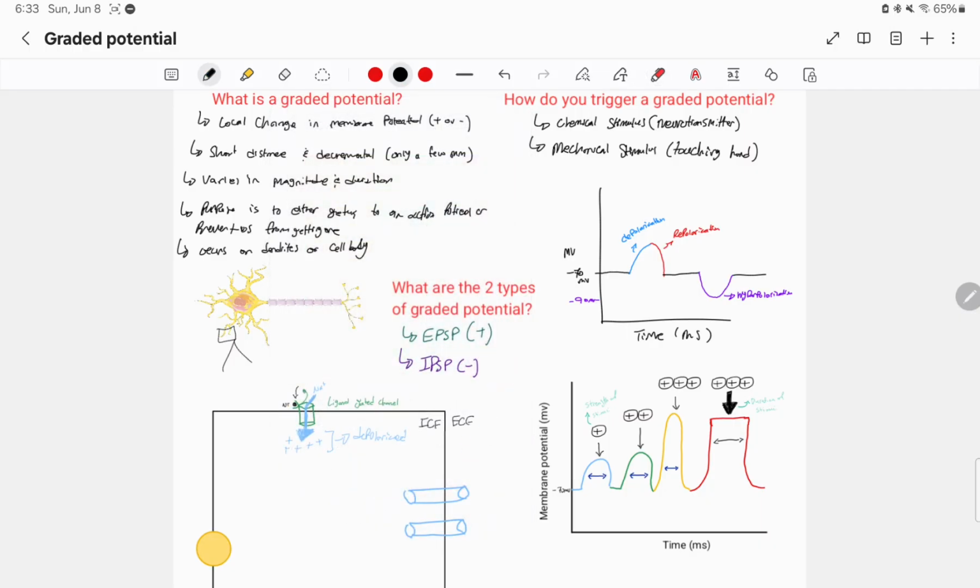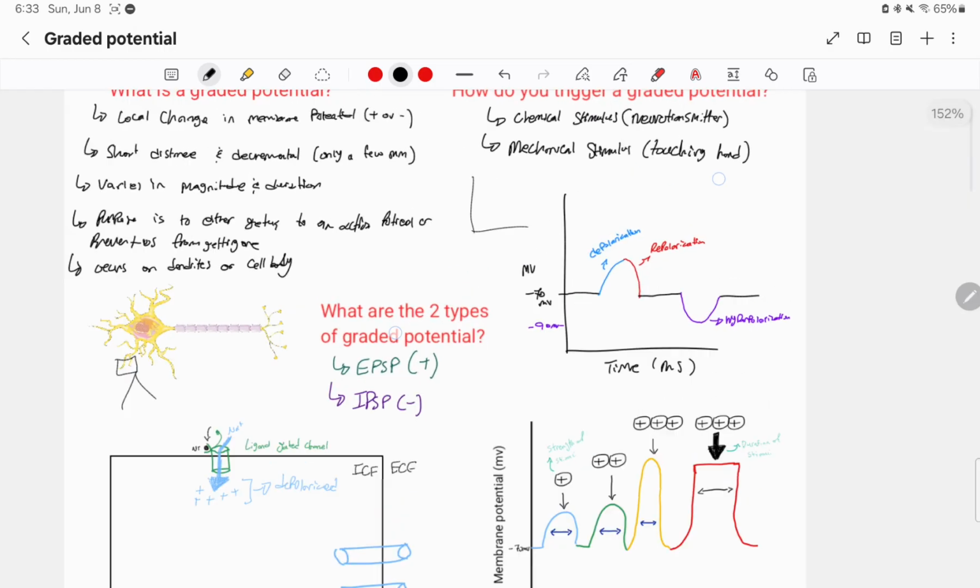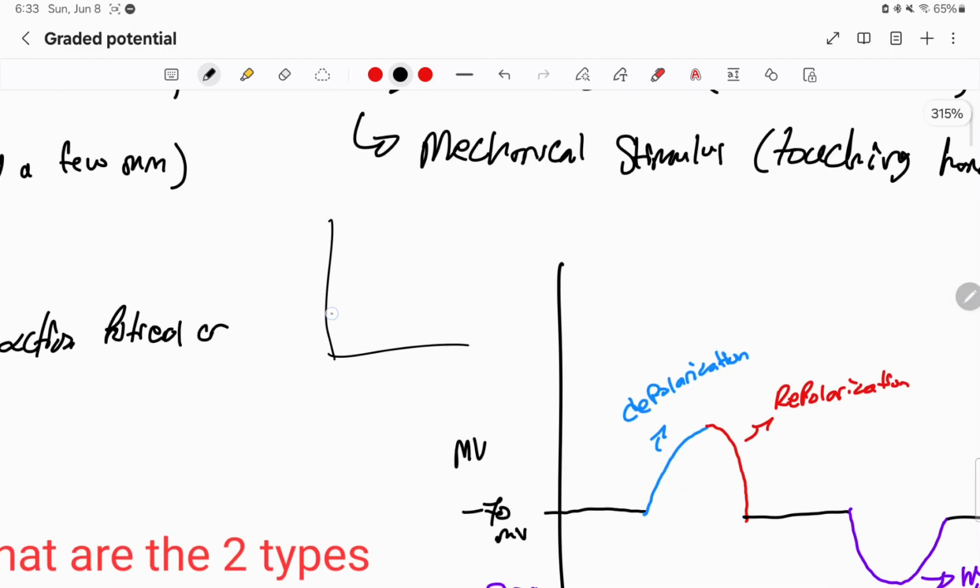Why might I say such a thing? In order to reach an action potential, let's say here's my resting membrane potential at -70. I have to reach something called a threshold potential. We talked about this in the introduction to neurology video. The threshold potential is typically 15 millivolts above the resting membrane potential, so it's -55 millivolts.